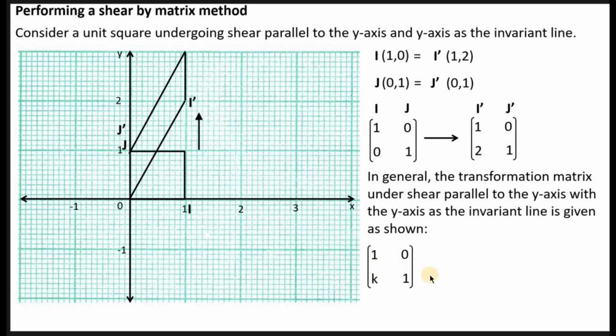Then we say where k is the shear factor. You use this when the object has been sheared parallel to the y-axis. This is the matrix of shear. Okay, so let's look at one example.